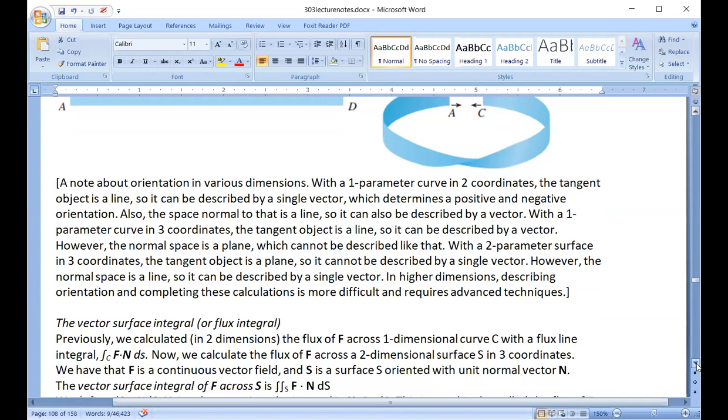So now we have the definition. The vector surface integral of vector field F across oriented surface S is the double integral over S of F dot big N dS.